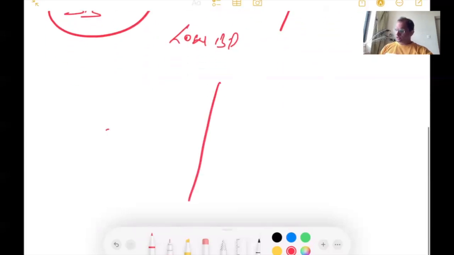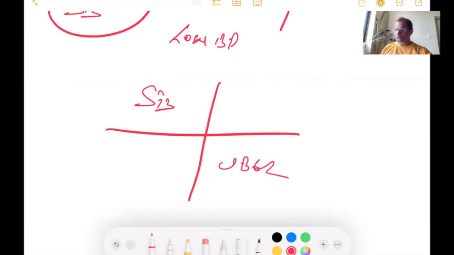There are 2 points: SI3 on the upper side, and urinary bladder 62 on the lower side. The upper point will increase the BP if you tonify or even stimulate it.